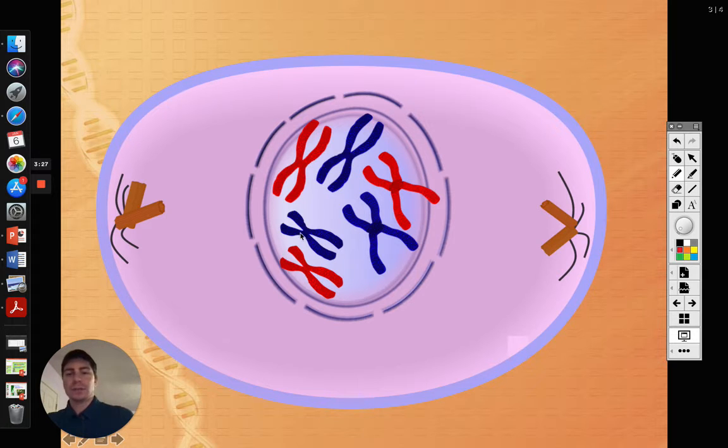And then if you want to talk about a third thing, these centrioles are going to move to the opposite sides of the cell. Why they move to opposite sides is they are going to pull the DNA apart later on, and we'll talk about that later. Like we have North Pole, South Pole, they're going to be, for our pictures, East and West poles. So they're going to be on opposite sides of the cell.